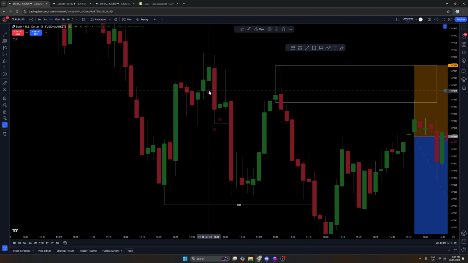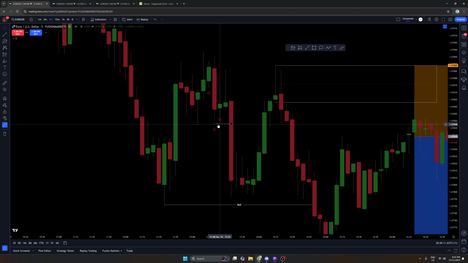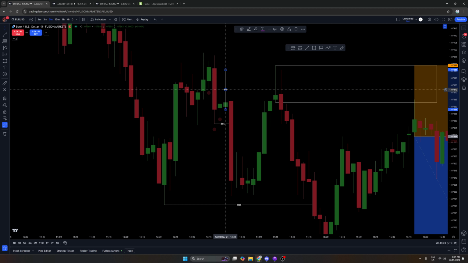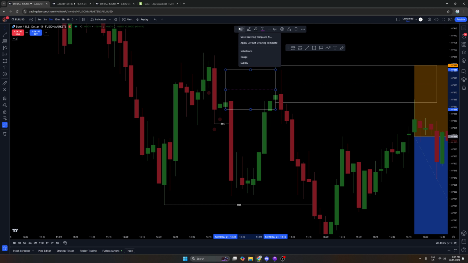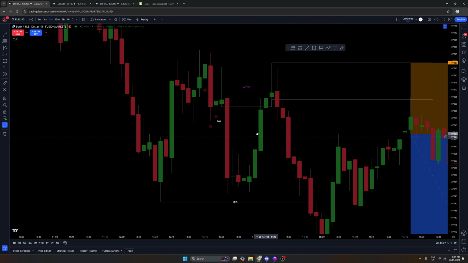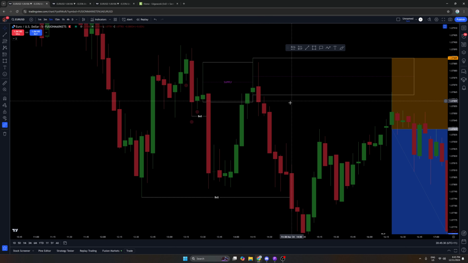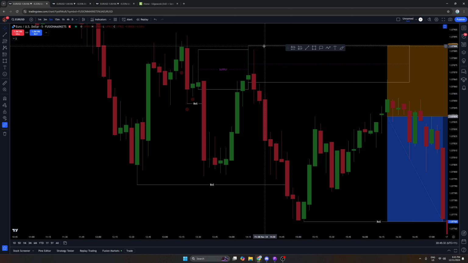So right here is a break of structure, and the reason minor structure allows us to catch more trades is because we can then mark out this supply. Let's delete this, it's easier to see.